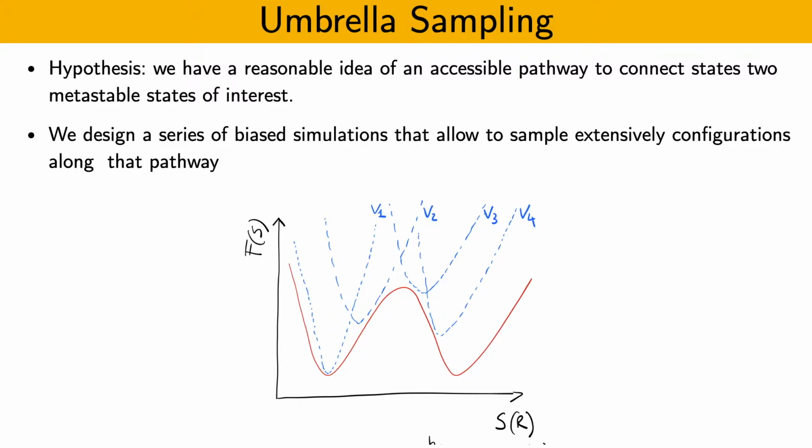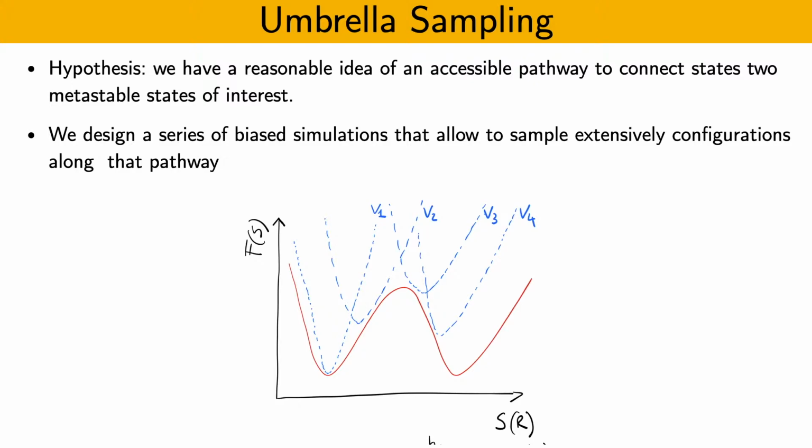So the working hypothesis for umbrella sampling is that we have a reasonable idea of an accessible pathway that connects two metastable states of interest. And then if we do, we can actually design a series of bias simulations that allow us to sample extensively these configurations along this pathway.